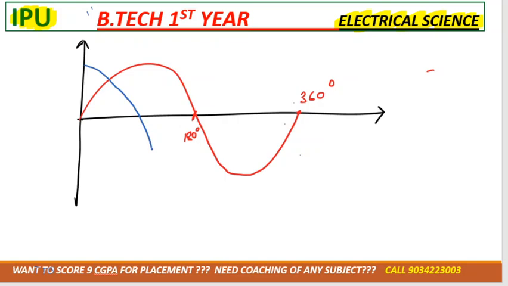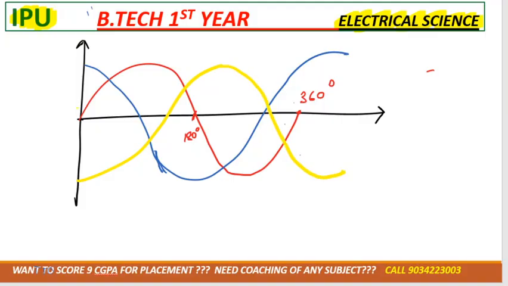Another supply will start from the positive side and then move like this, and another supply will start from the negative side. It's not fixed that red is always first, I take it randomly. So in this case we'll always see that one supply starts from 0, another from positive, and another from negative.